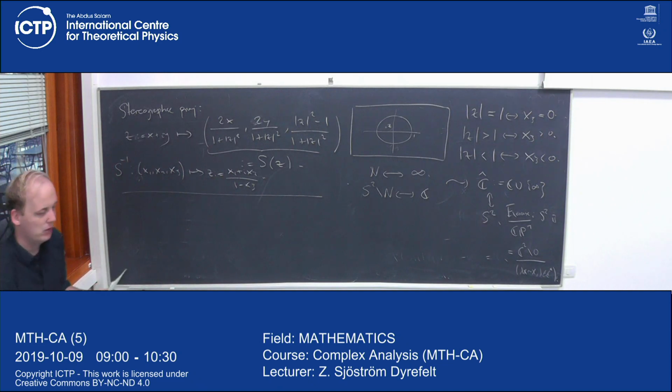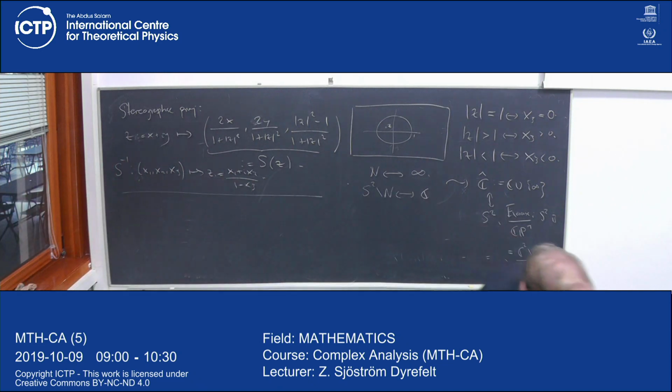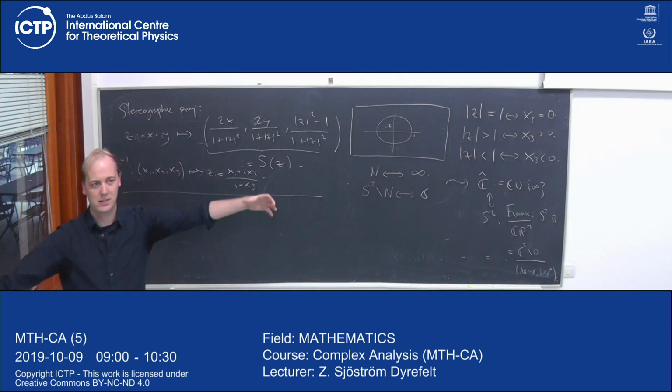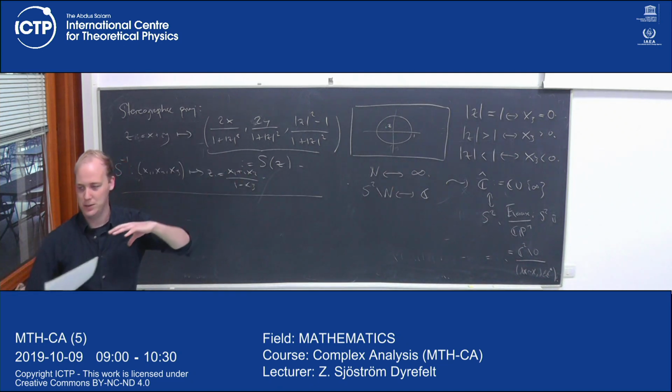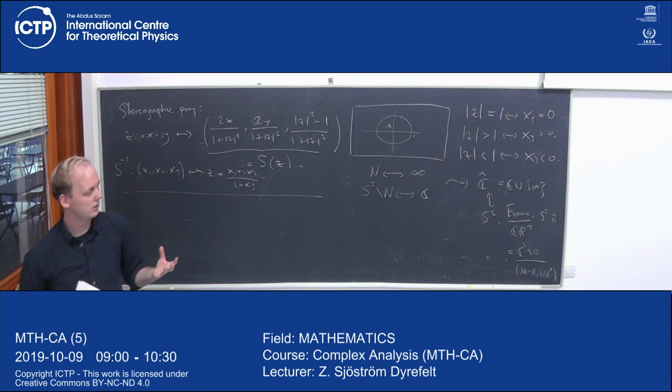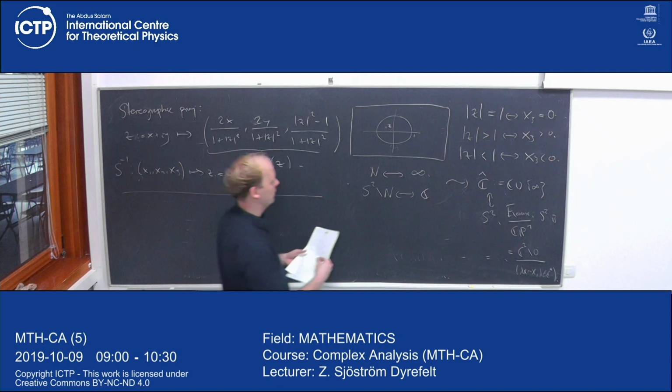Okay, and now I want to mention to you a metric. So now that we identify this infinite complex plane with a sphere, which is something compact, we have to take care how we treat this as a metric space.